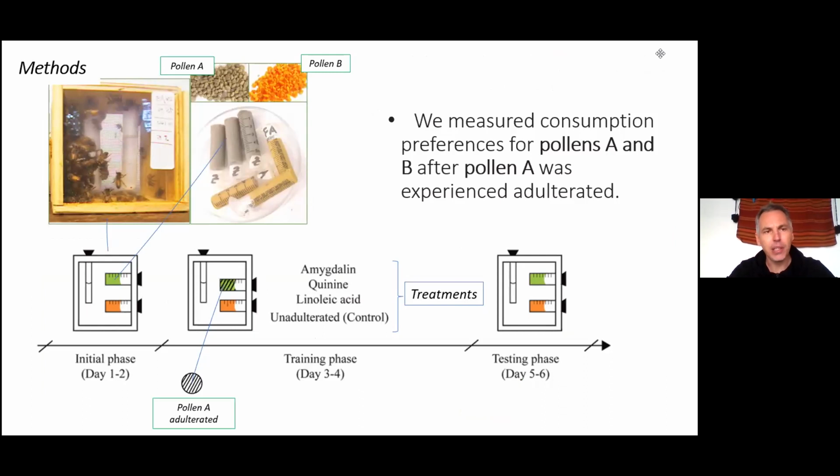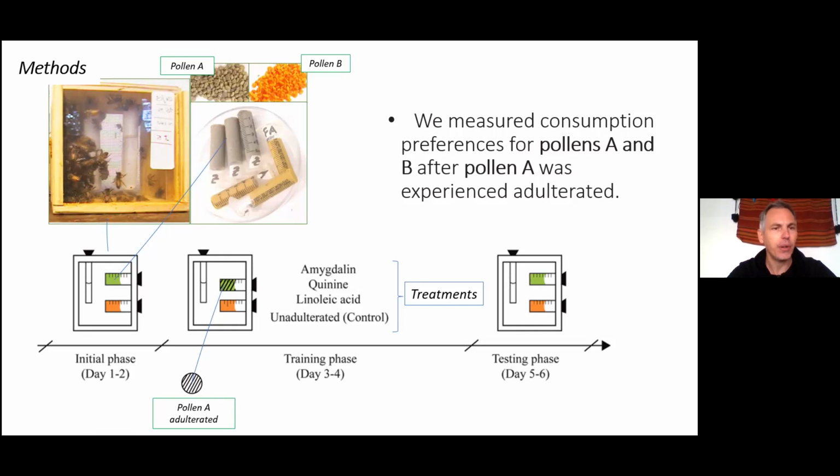After emergence, the bees were confined in these golden cages in groups of about 80 bees of the same age.